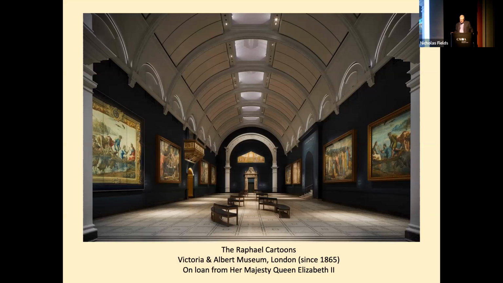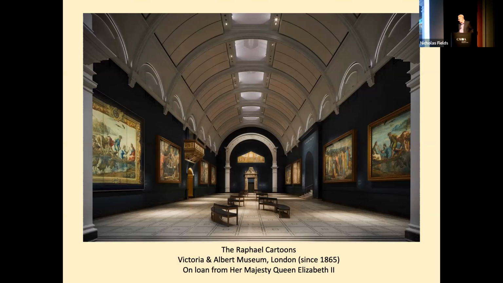And then, as I said, these cartoons did end up in London in the Royal Collection, and they are beautifully reinstalled, again, for the 500th anniversary of Raphael's death. I saw them just before they were taken down and restored and reinstalled, so I only know through photographs how beautiful this looks.